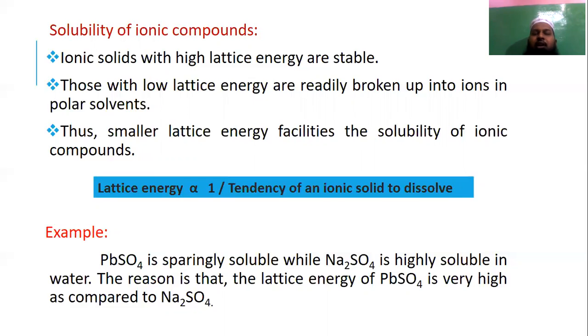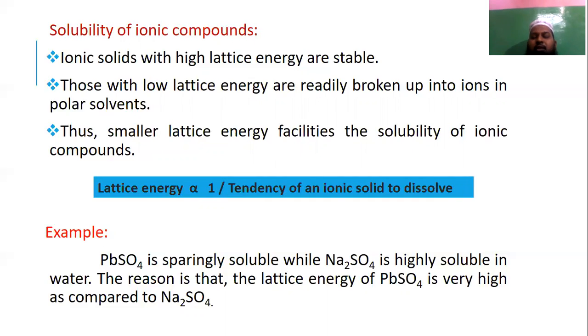Which ionic solids have higher lattice energy? Their solubility is low, but they are more stable. Which ionic solids have low lattice energy? They are readily soluble in solvents, so they are less stable.